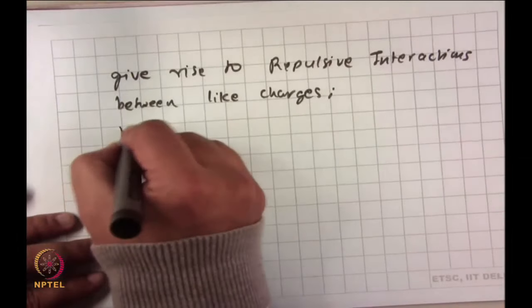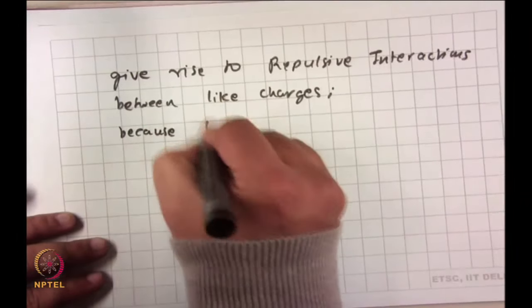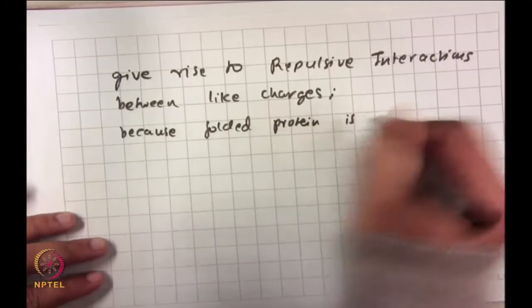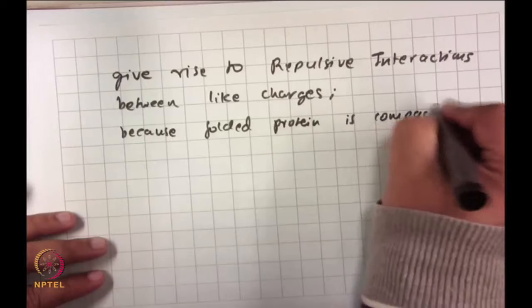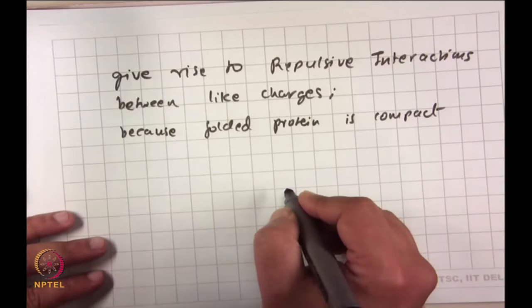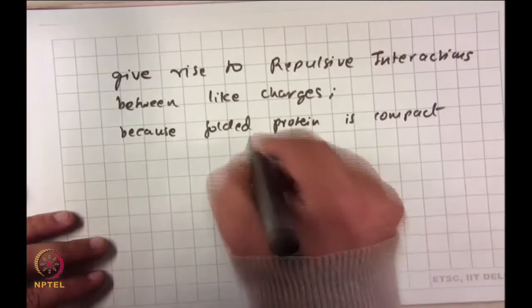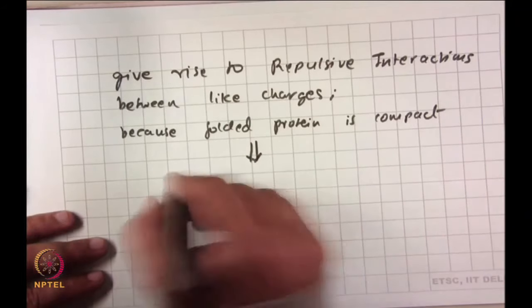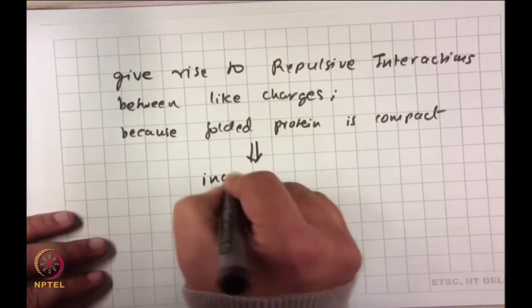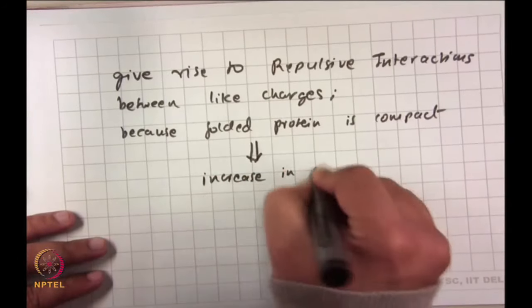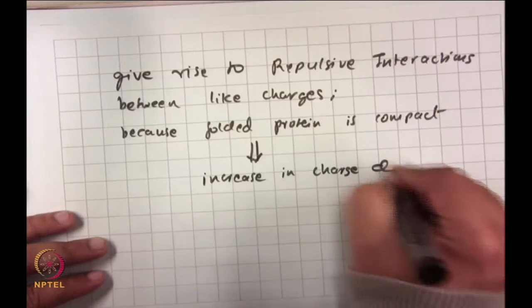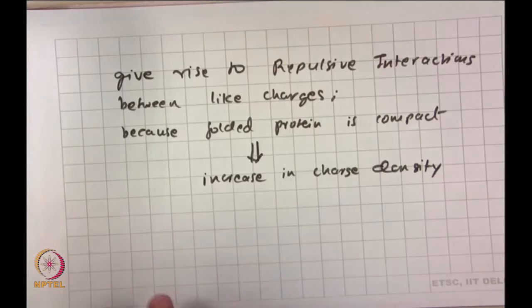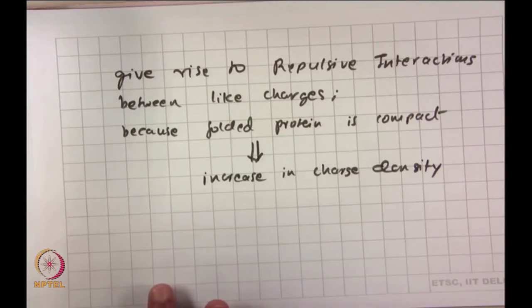Now, because a folded protein is compact, this increase or decrease of charges leads to a huge increase in charge density, right. So, what do I mean by this? Charge density is essentially the number of charges per unit volume.